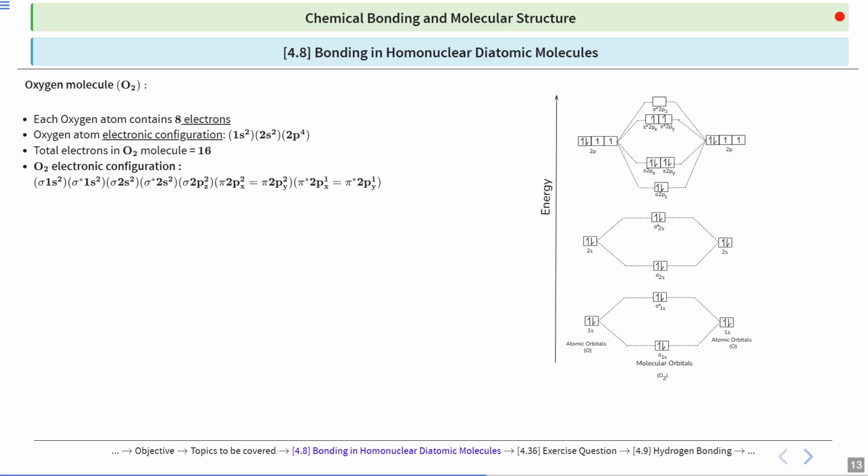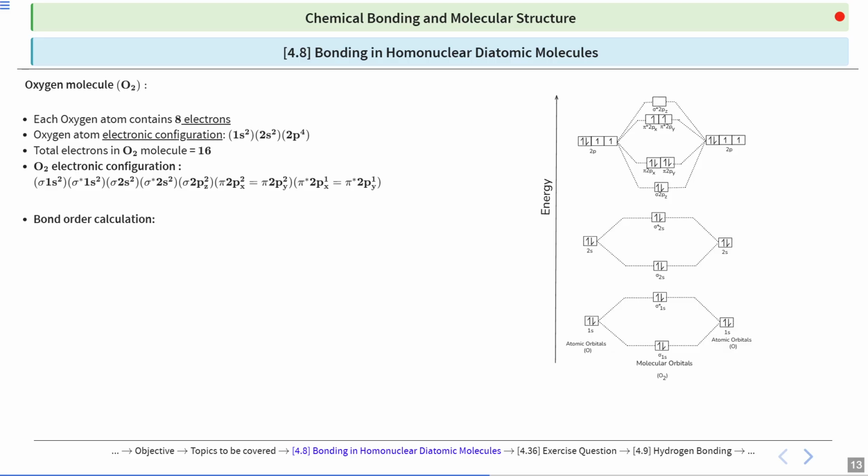So upon filling up the electrons in the given orbitals, first we will fill the sigma 1s, sigma star 1s, sigma 2s, sigma star 2s, then sigma 2pz, pi 2px, pi 2py, and pi star 2px and pi star 2py. Now the new thing that you are seeing is 2 unpaired electrons present in the pi star 2px and pi star 2py. So there is a change here. Till now we have not seen a molecule that is having an unpaired electron.